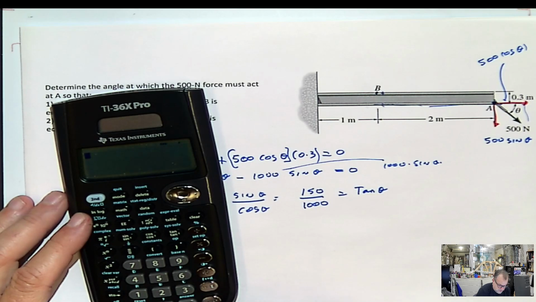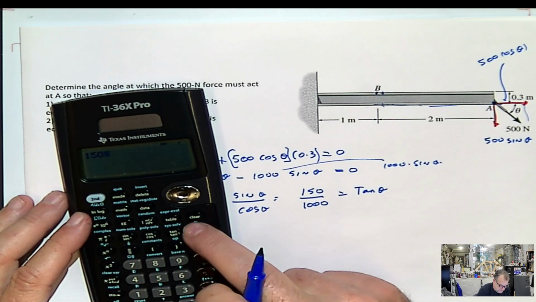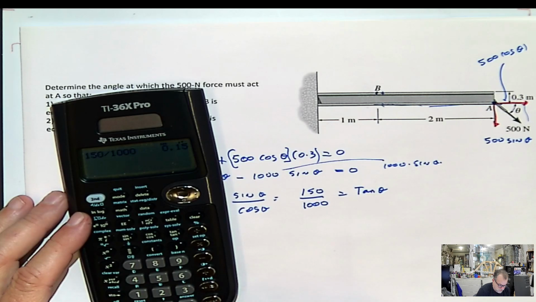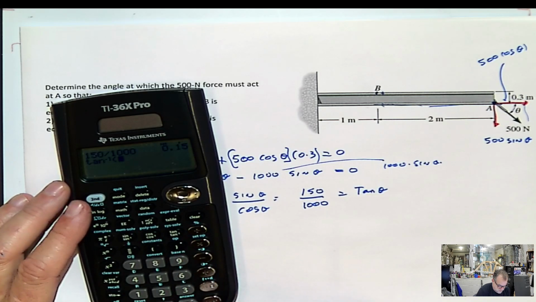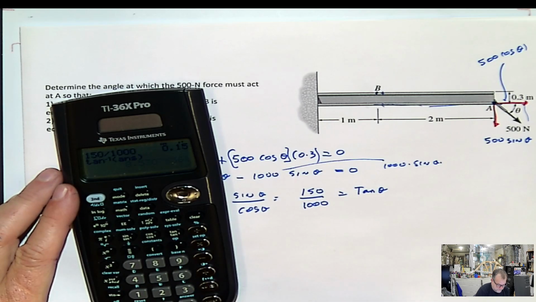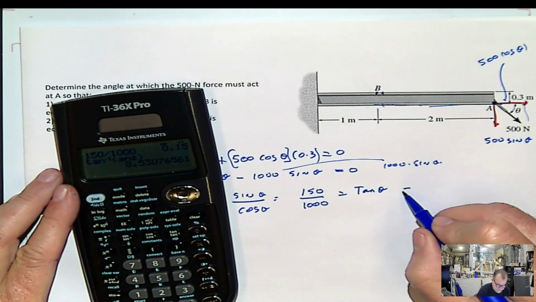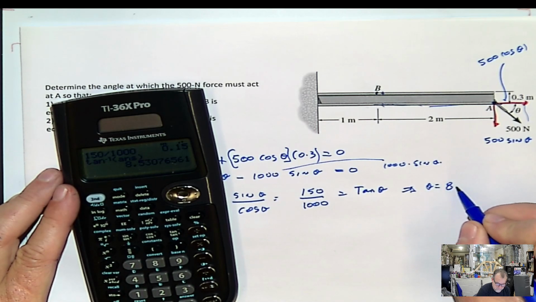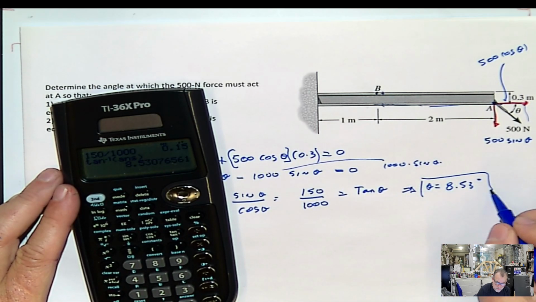So the tangent of the angle will be 150 divided by 1000, and the inverse tangent will be 8.53. There you go.